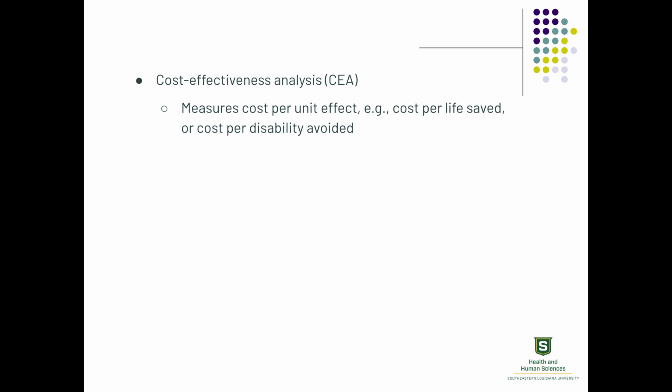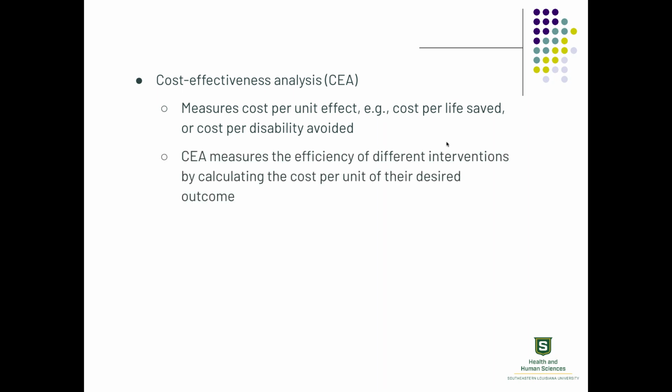It tries to measure efficiency in different interventions by calculating the cost versus whatever unit of measurement is used to determine the consequence, the health outcomes, or the desired output. I've also included another paper that looks at cost effectiveness analysis, also on a type 2 diabetes program.